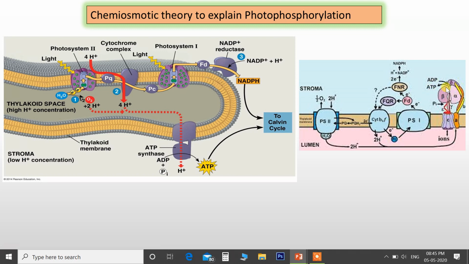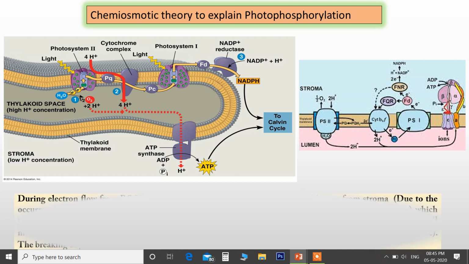The ATP synthase located in this CF1 portion is catalyzing the synthesis of ATP from ADP and inorganic phosphate. So that's the process taking place during photophosphorylation.